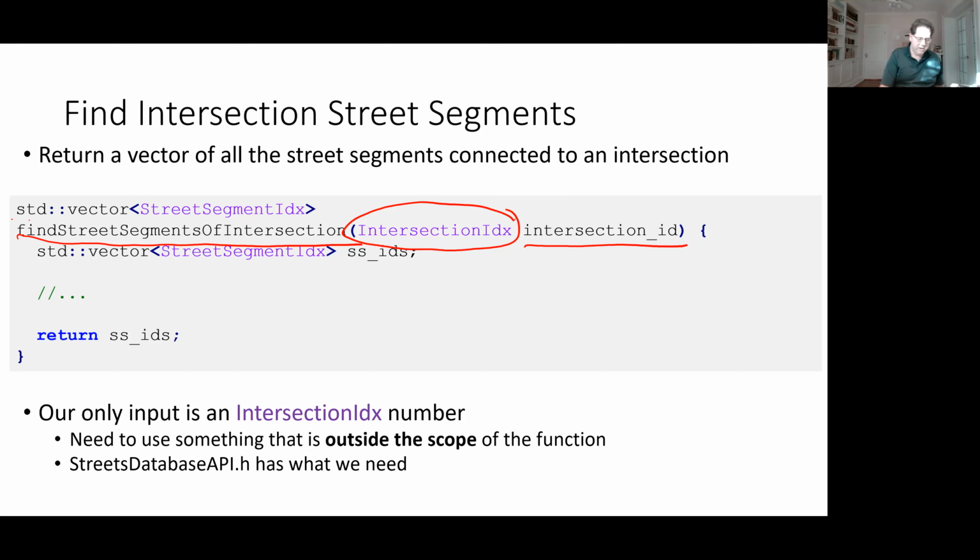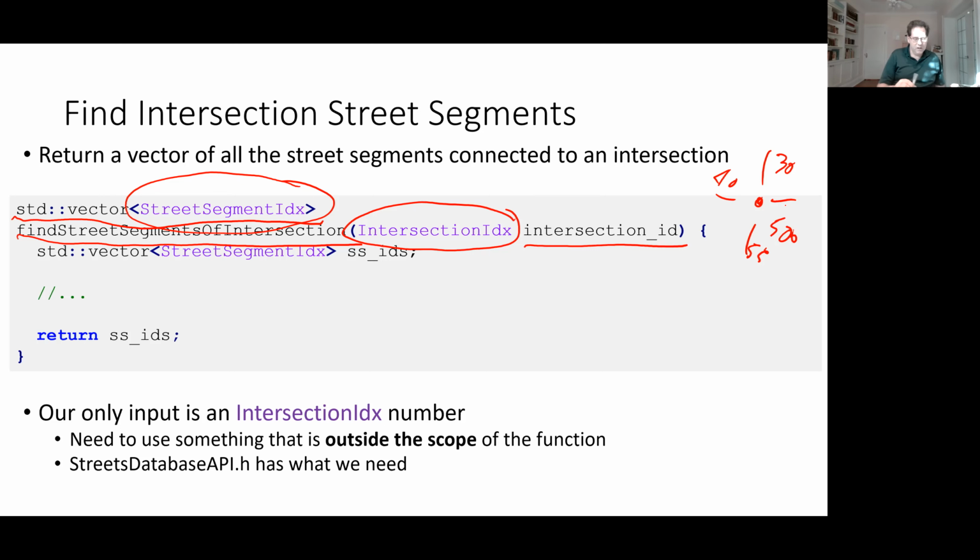And it's going to return a vector, and the vector is also indices, and they should be the indices or IDs of street segments. So for an intersection, we're going to pass some number of intersection, maybe it's 500, and we're going to return the IDs of all the street segments that go there. So maybe there are 4 different street segments, and maybe the first one has ID 30, the next one has ID 40, 55, and so on.